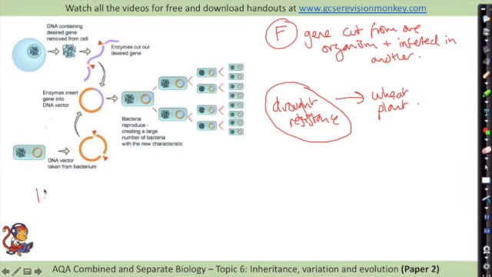In a bit more detail for higher tier, this is the exact process that's going on. You're taking the gene from the cell that you want, cutting out your desired gene. For example, this could be the gene to produce insulin to help people with diabetes.